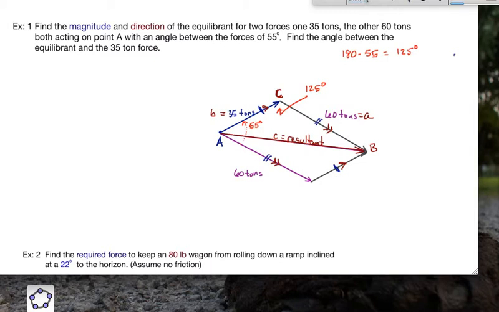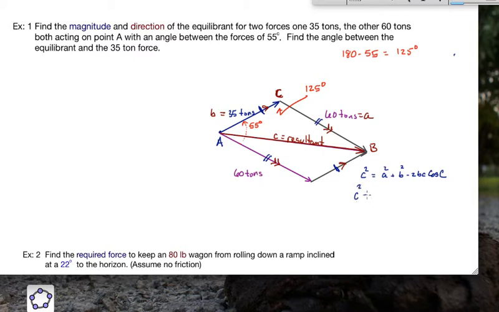Alright, so I'm going to use the law of cosines. The law of cosines states c squared equals a squared plus b squared minus 2ab cosine C.